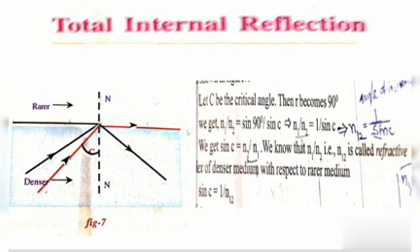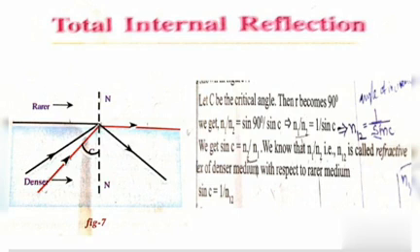From Snell's law we got n1 by n2 equals sin R by sin I. Now substitute R equals 90 degrees in the above equation. Then n1 by n2 equals sin 90 degrees by sin I. In the place of I we should write C, because the angle of incidence is the critical angle.